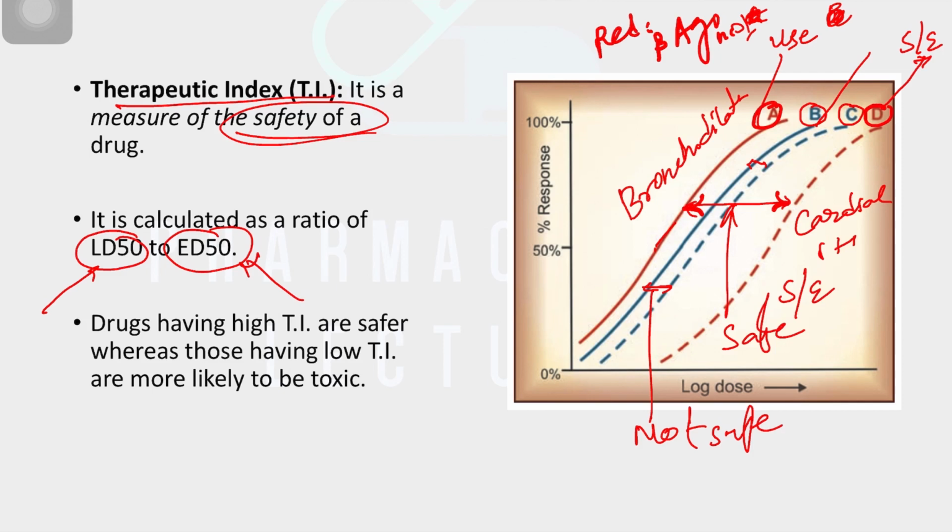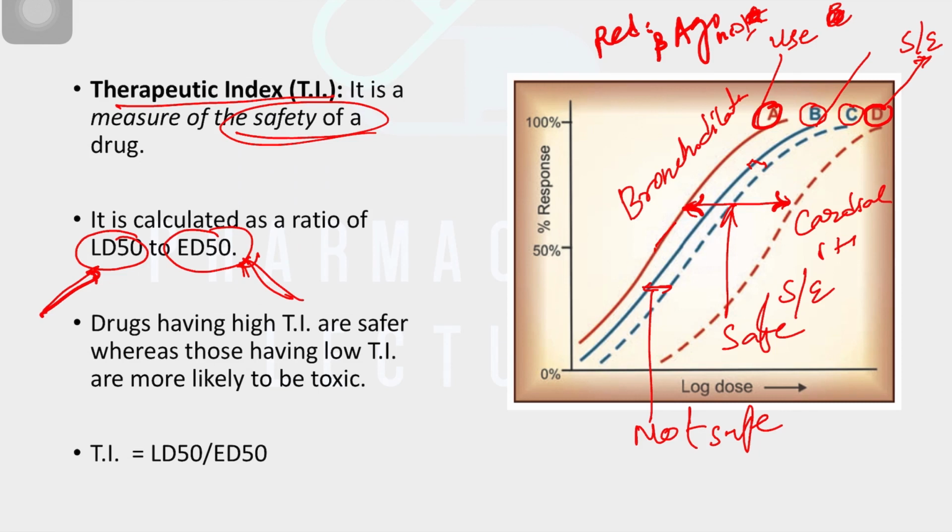If we have taken 100% of animals in an experimental study, and at a particular dose 50% of animals die, that dose is called the lethal dose. And ED50 is the effective dose for 50% of the population of the experimental study.